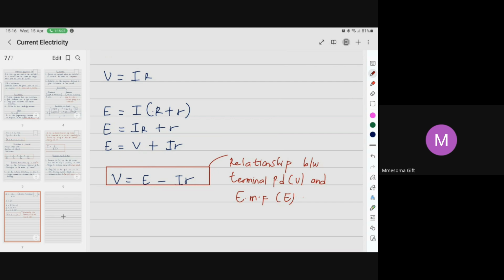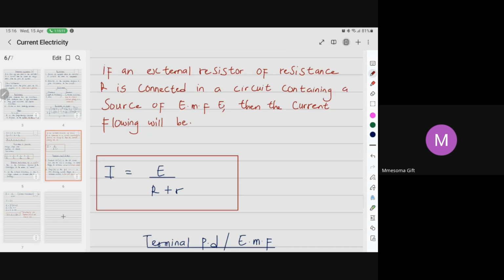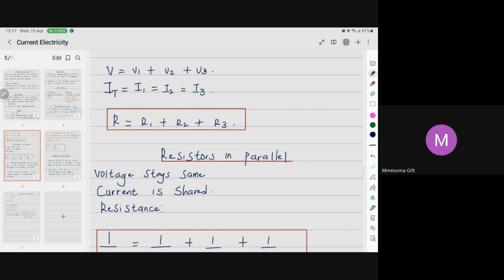All right. Now, the next one we're going to look at is resistivity. Remember, I've given you key formulas. The first one is the relationship between your external resistance and your internal resistance. The next one is about being in parallel and being in series.